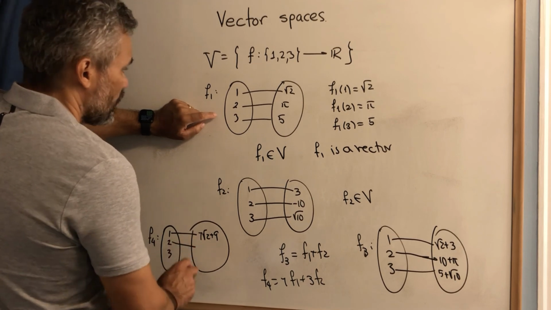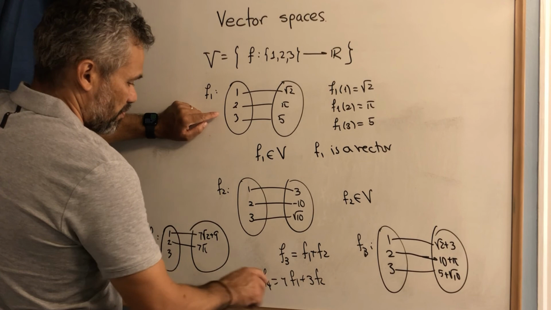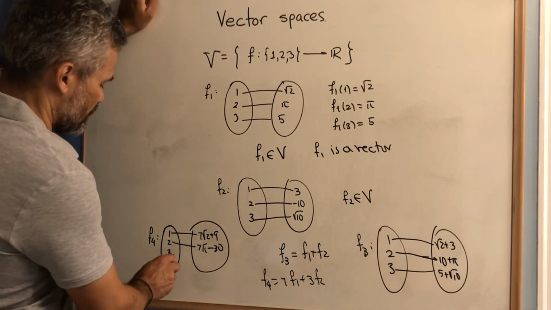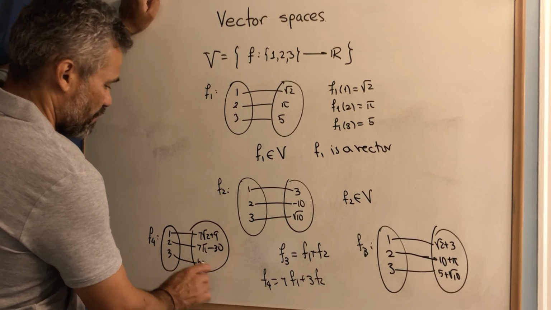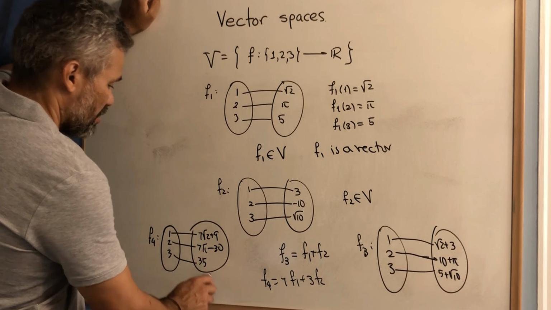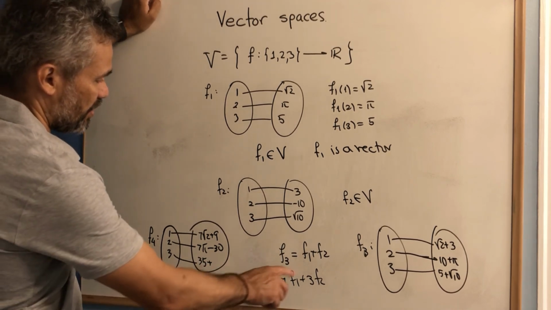It takes 2 into 7 times pi minus 30, and it takes 3 into 5 times 7, which is 35, plus 3 square root of 10.